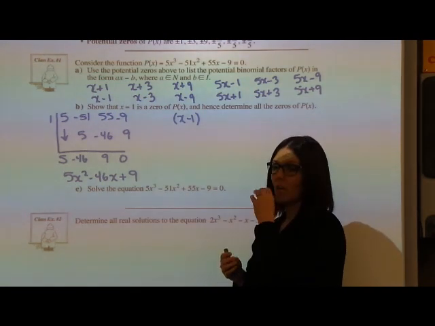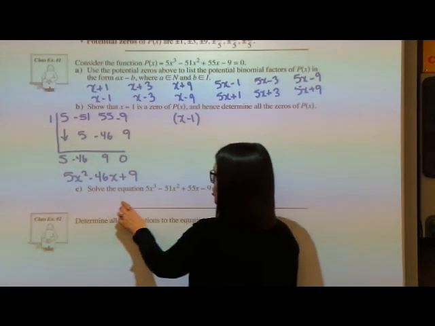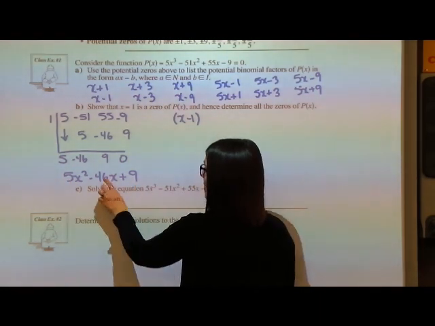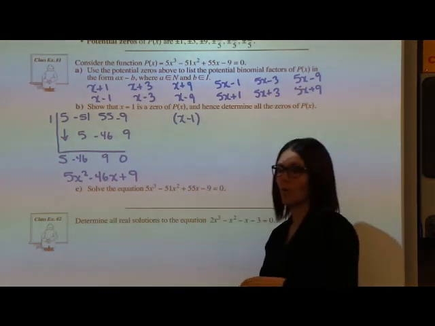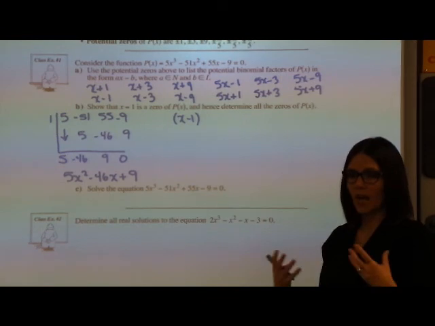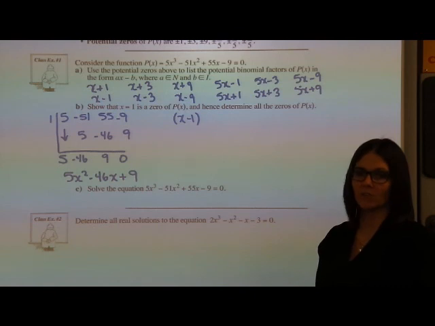But before I look at it, to try to figure out whether or not I could factor this, two numbers that multiply to 45 and add to negative 46. Is that possible to actually do? Could I have two numbers that multiply to 45 and add to negative 46? It'd be 45 and 1. So because it's possible, it means that it's factorable.